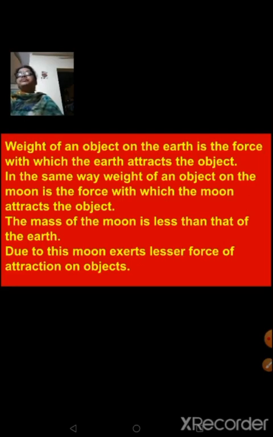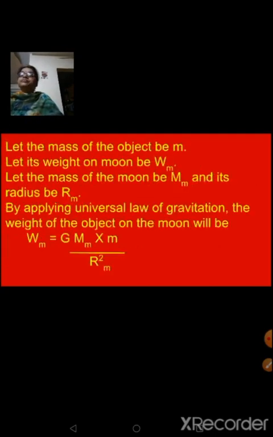Clear to you? Okay. Now, let's find out which formula we have to use for calculating the weight of an object on the moon. See, while doing this universal law of gravitation, when I had taught you to derive the formula for calculating capital G, we have calculated the force which is applied by the earth on the object.